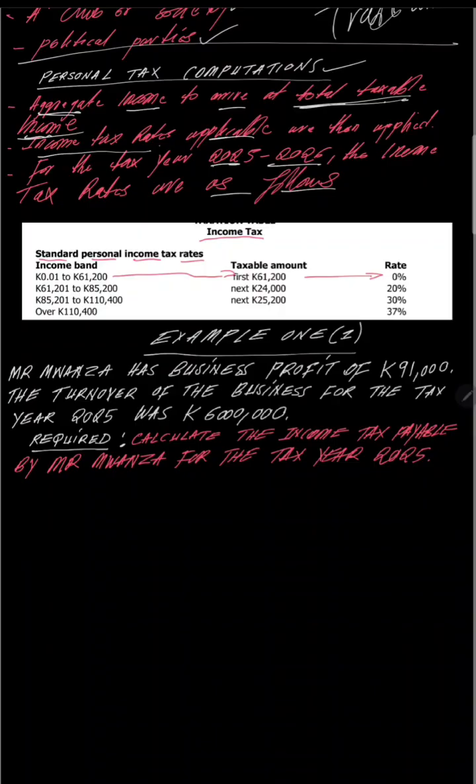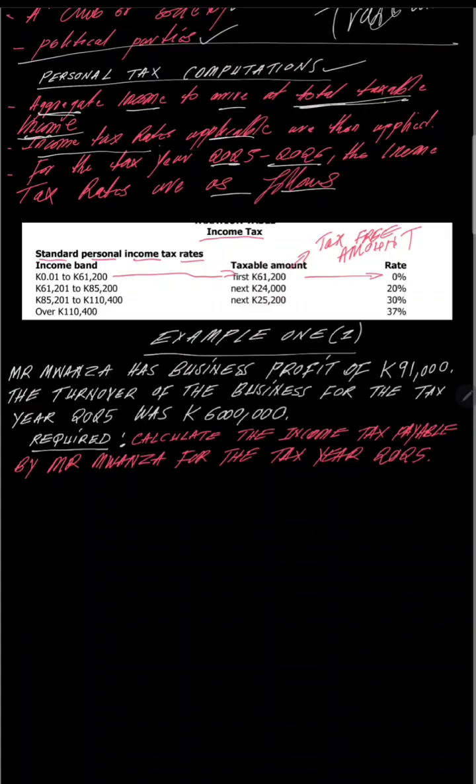So this range is usually called the tax-free range, or the tax-free amount. In this case it is going to be 61,200. By the way, these are annual bands. If you're looking at annual income tax, then you have to use these annual bands.